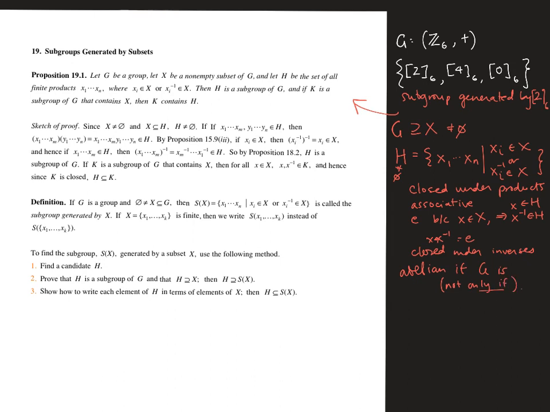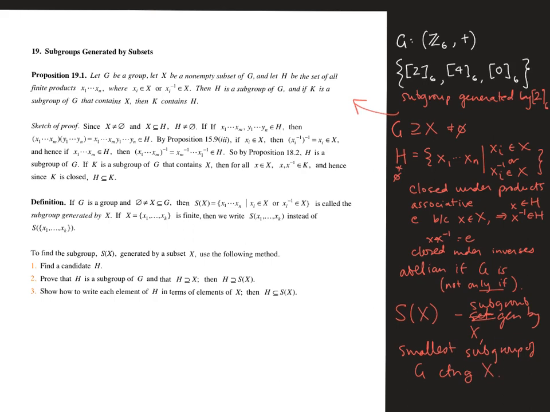Our notation for the subgroup generated by the set X is S parentheses X. And the proposition up above says that actually S of X is the smallest subgroup of G that contains the set X. So it's the subgroup generated by X, and it's the smallest subgroup of G that contains the set X.